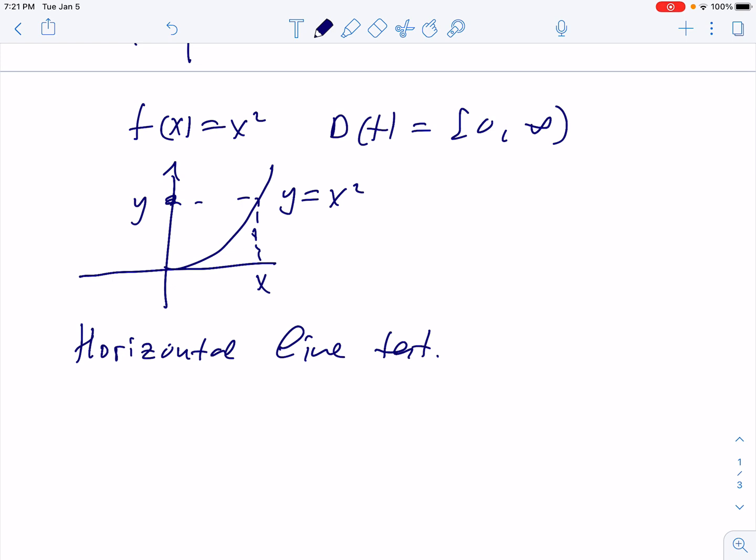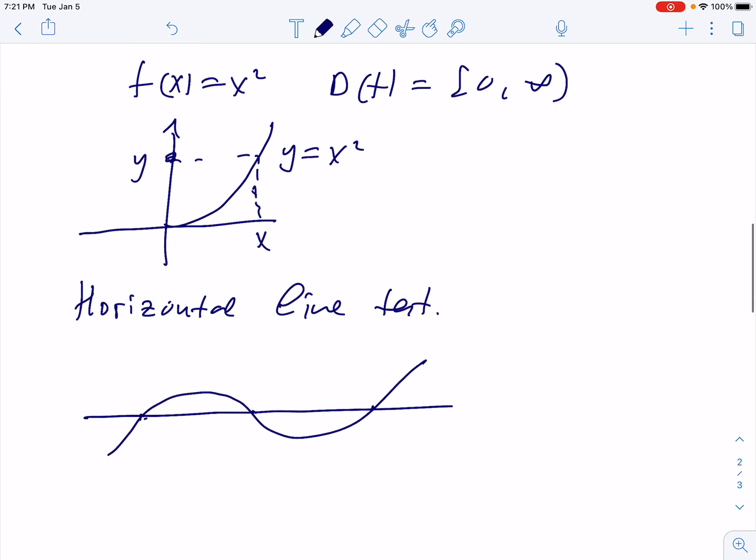For instance, if you have a graph like this, it does not satisfy the horizontal line test. It will cut in 3 different places. So the function corresponding to this graph is not one-to-one. There will be 3 different originals for this value here, if this is y, if altitude is y.